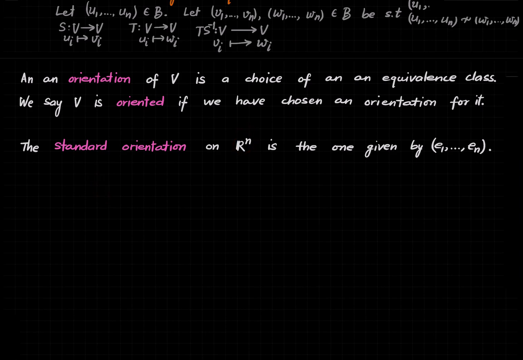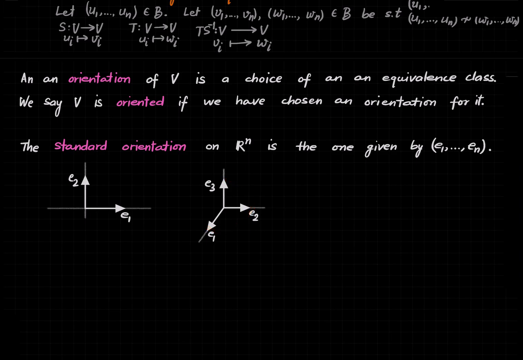Okay, and in the plane, we know what that is. This is E1 and that is E2. So E1, E2 in that order is the standard orientation. And for the three-dimensional Euclidean space, E1 first, E2 later, and then E3.